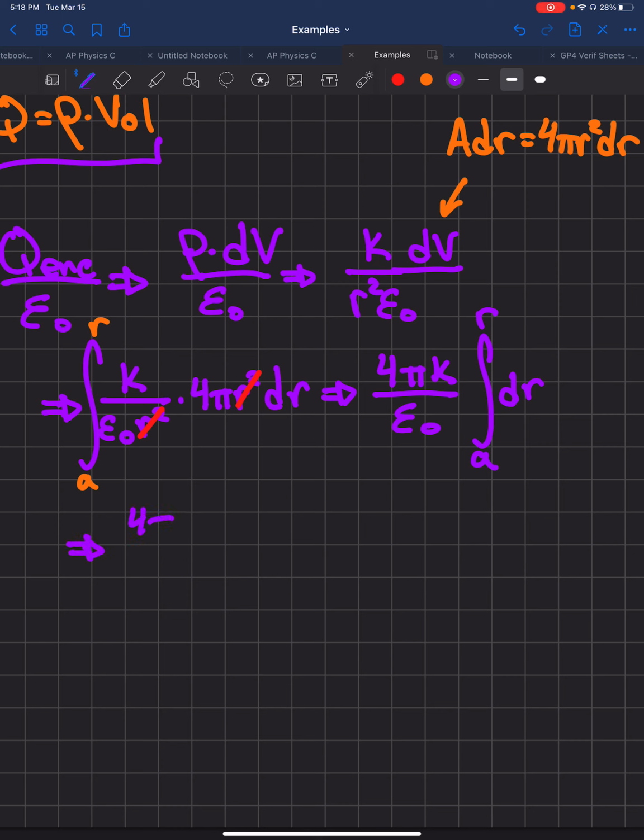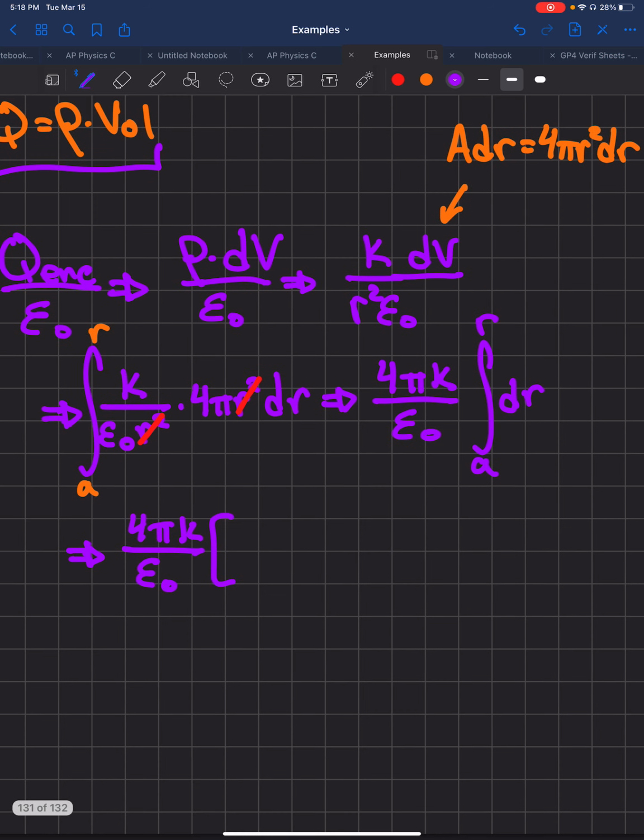The integral of dr is just r, from a to r. Plugging in our limits, we get 4 pi k over epsilon naught times r minus a.